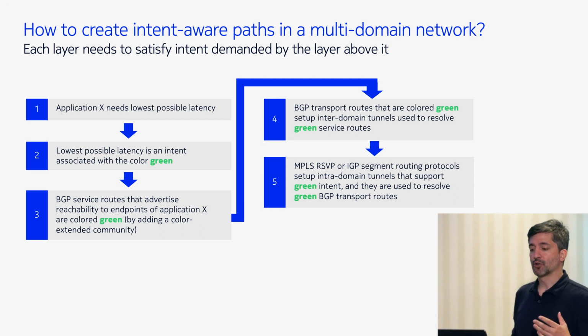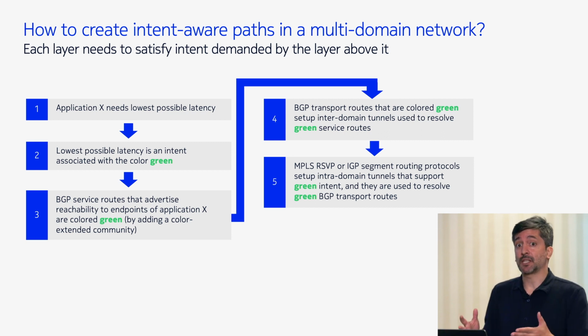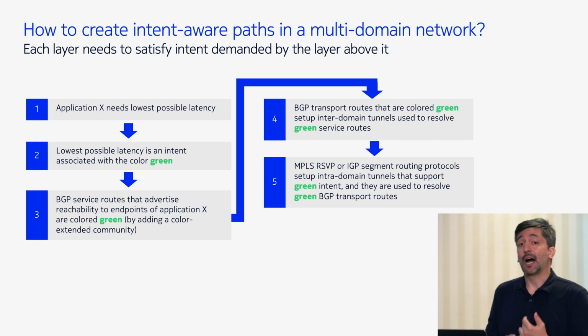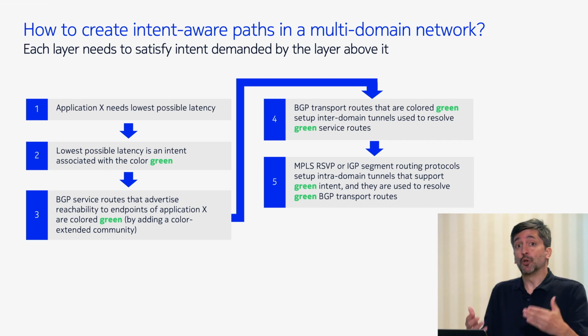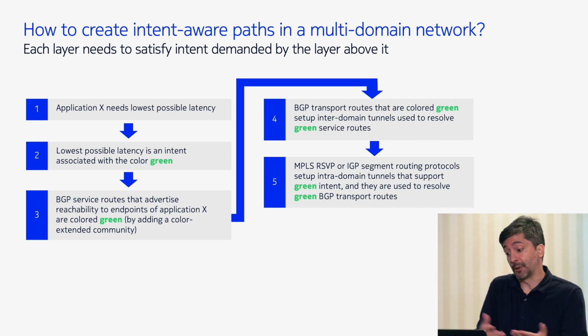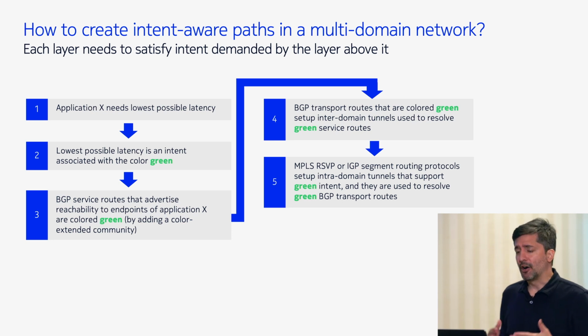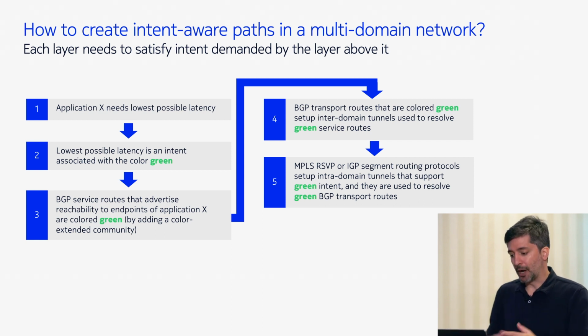And then, of course, these BGP transport routes, also in the cases where we use BGP-LU, as we will see in a moment, are also signaled with an intent and a color. That is used to resolve the next hops of those routes. And then finally, we have MPLS RSVP-TE LSPs or IGP segment routing LSPs that are also marked with a specific color that signals the intent.